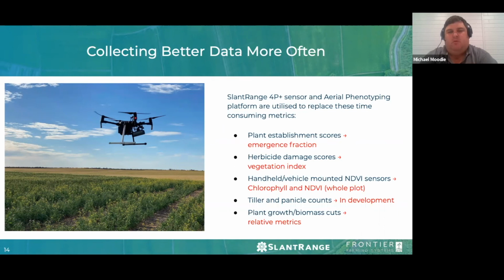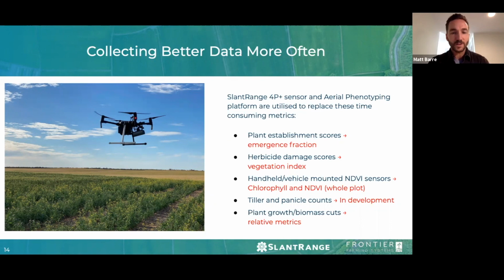At the moment we're using it as a relative metric using NDVI or something else from the platform, but looking forward to seeing in the future whether they can be calibrated even further and matched up to give us some biomass data, which is quite important in our low rainfall zone. Biomass has a strong relationship with yield, so if we can know that, we can go a fair way to determining what might have happened within that crop.